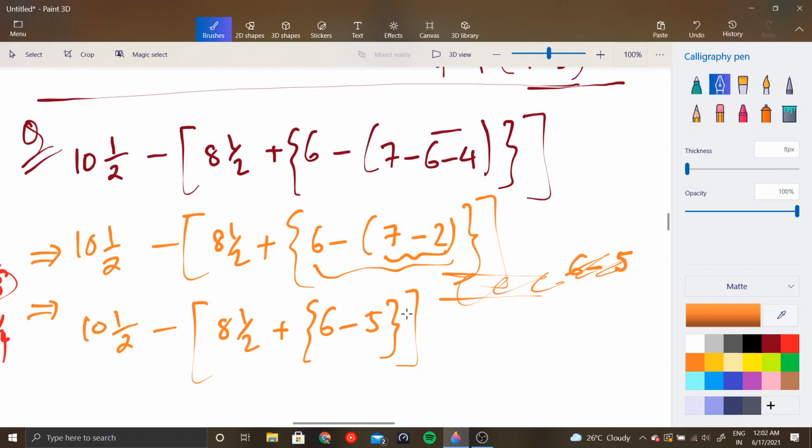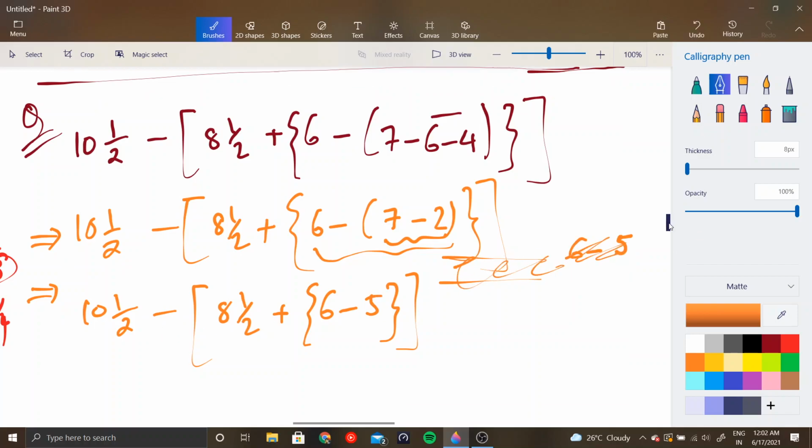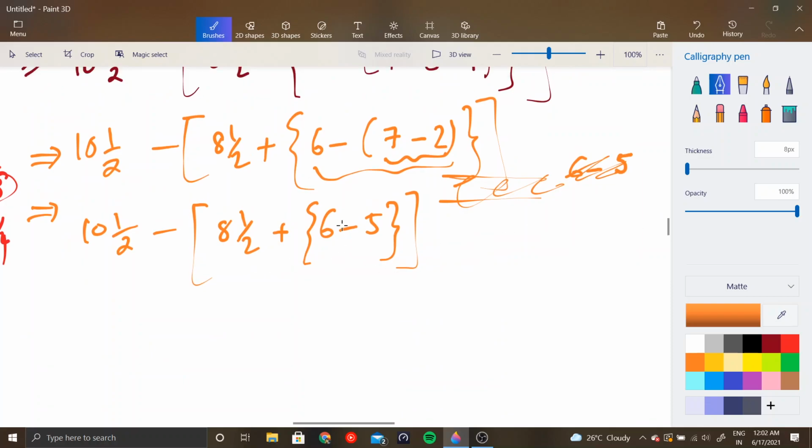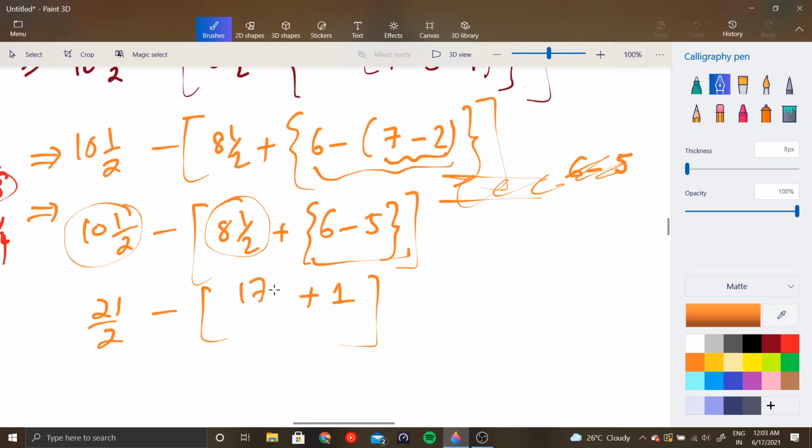This is the proper way. Now do this calculation. This is 1, and after it is simplified, just convert these mixed fractions into improper fractions, right? So this becomes 21 by 2, and this becomes 17 by 2. It's a good practice to do so.